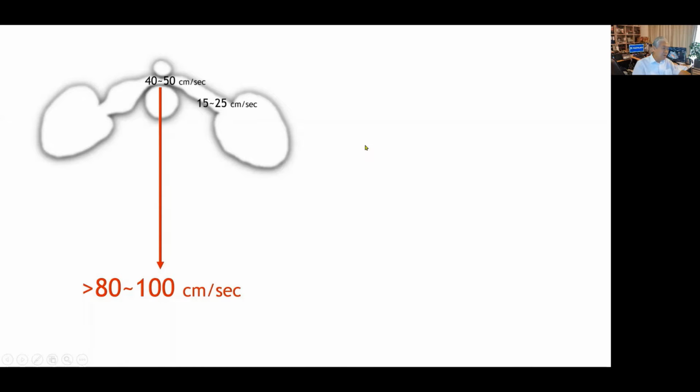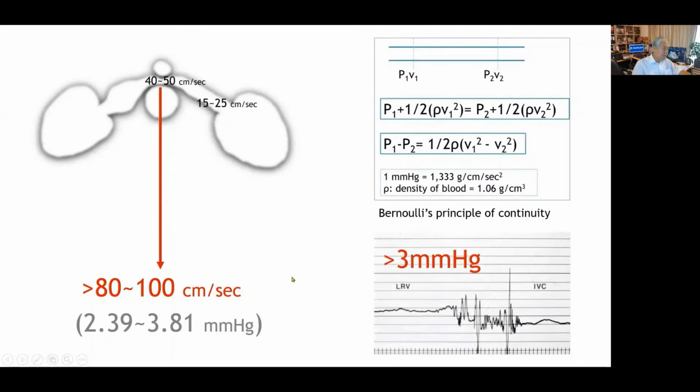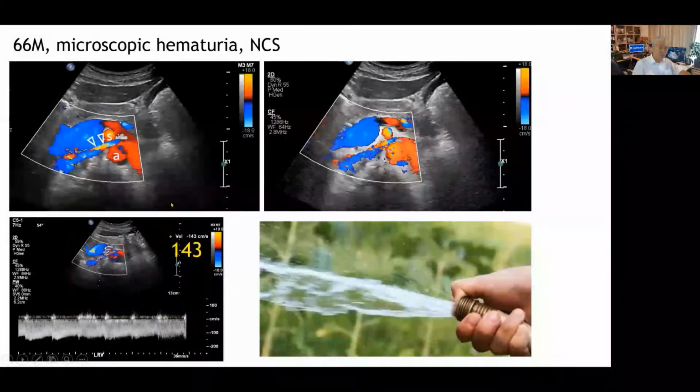If we calculate the theoretical pressure gradient using the Bernoulli principle, the estimated pressure gradient is between 2.39 and 3.81 mmHg, which is quite equivalent to the 3 mmHg pressure gradient criterion measured by catheterization.